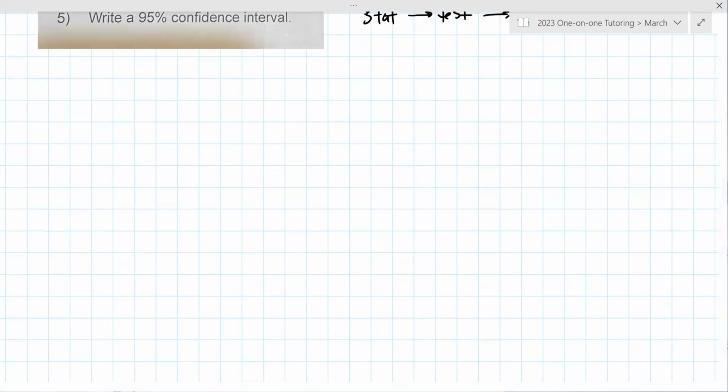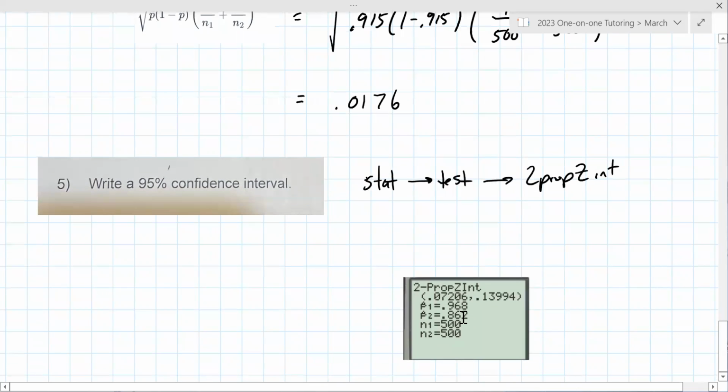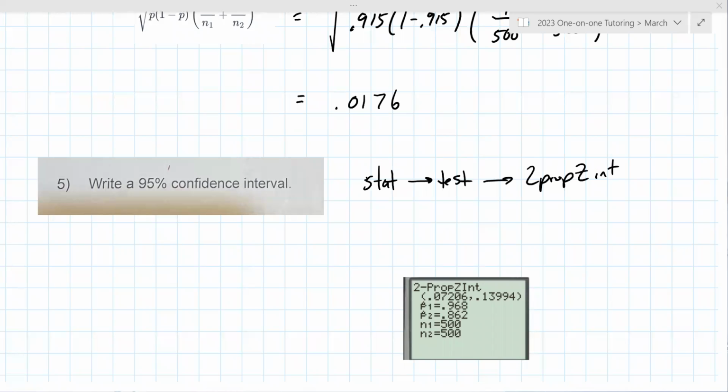So we have a slight difference in hours. Where does your P1 and P2 look like this? 0.968, 0.862. Yes. Did you change your confidence interval to 0.95? It should be. Let me go back. Oh, okay. There we go.